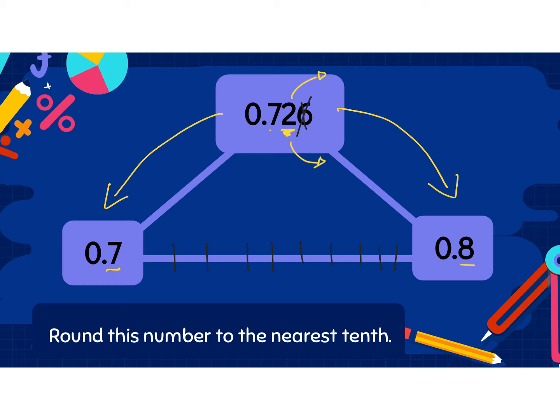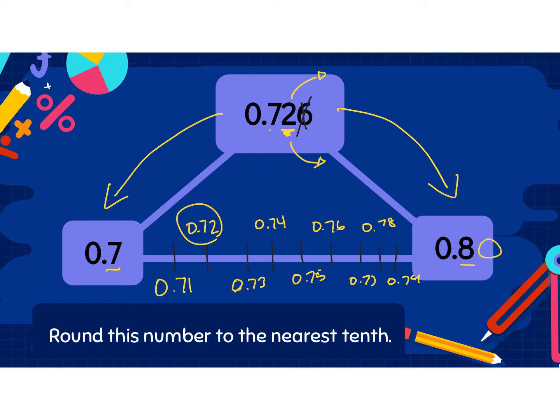So if this one right here is 0.71, 0.72, and this is our value, 0.73, 0.74, 0.75, and this could be 0.80.